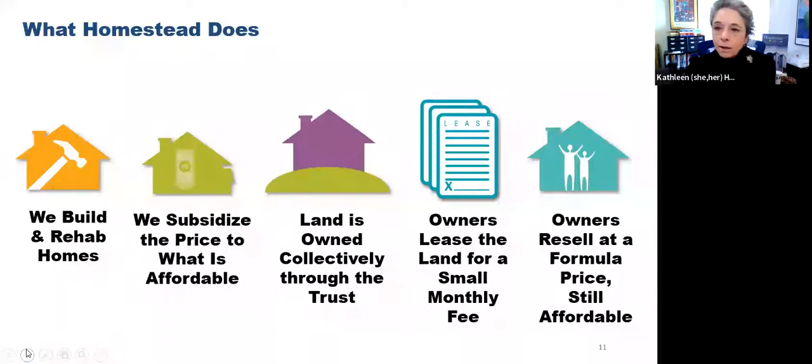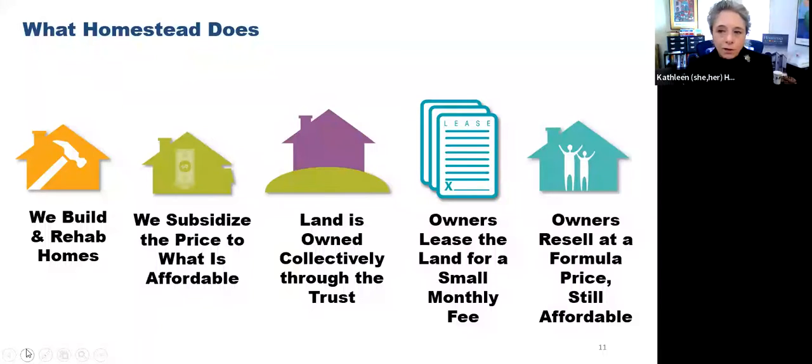So now I'm pivoting a little bit to what Homestead does. What we do is we either build new homes or we rehabilitate existing homes. We fundraise to subsidize the price to what's affordable.